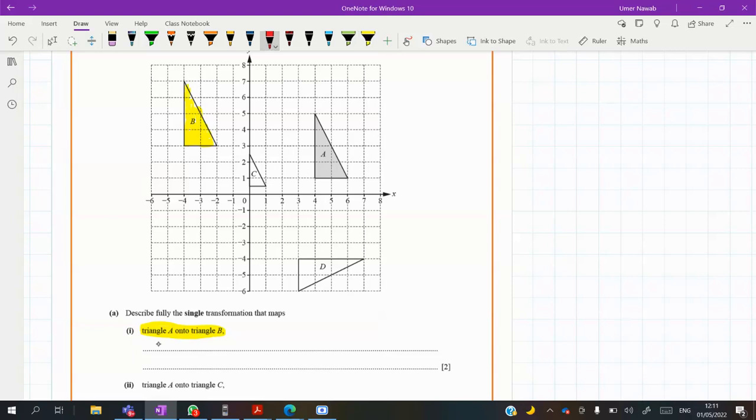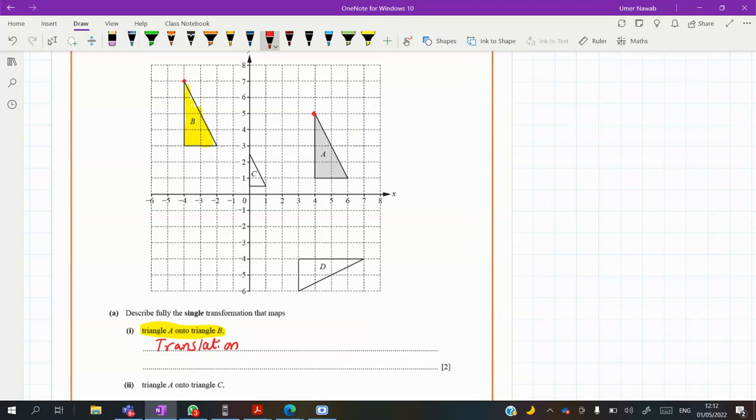So normally translation has 2 marks, as the examiner wants to see only the labeling of the transformation plus how to explain translation through the column vectors. You need to mention it clearly over there. So I'm picking one point from here and its corresponding point.